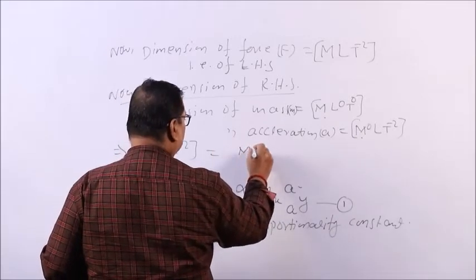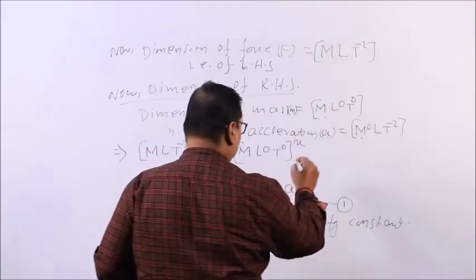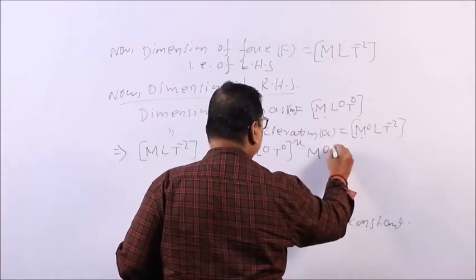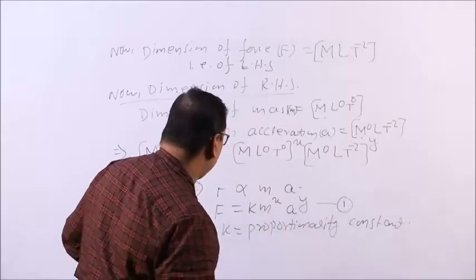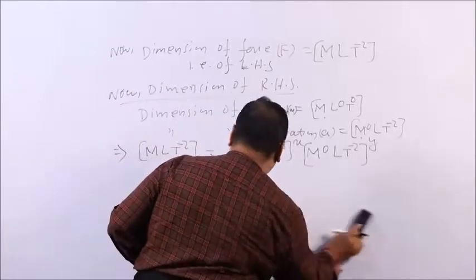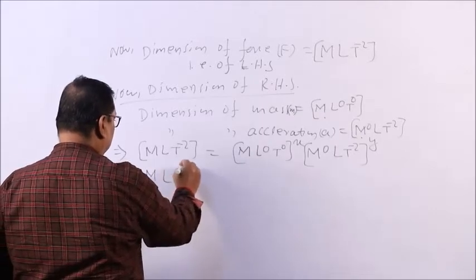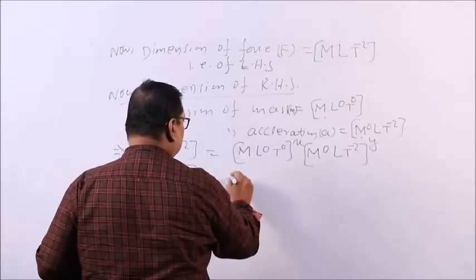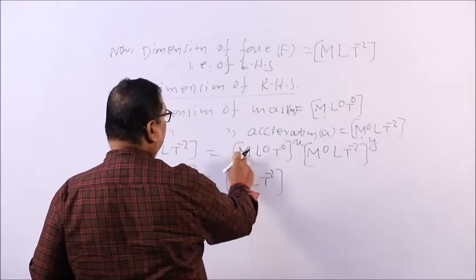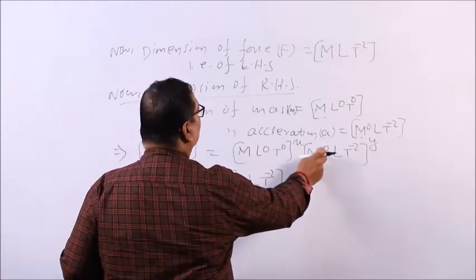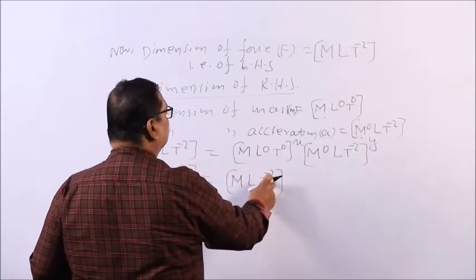So, mass m1 L0 T0 to the power x, acceleration m0 L1 T minus 2 to the power y. This implies m1 L1 T minus 2.